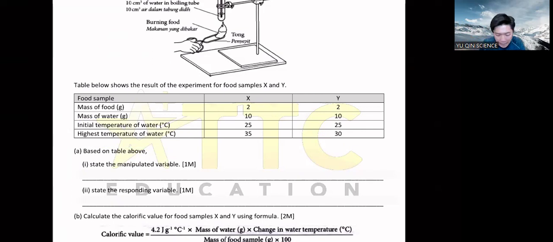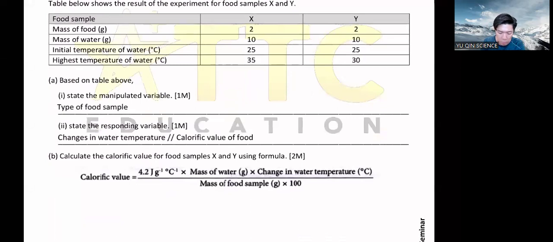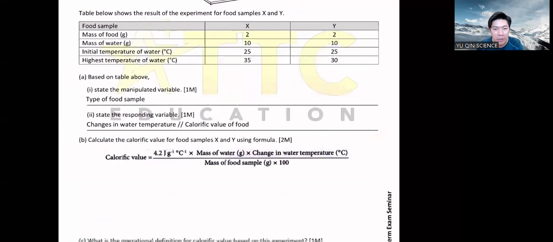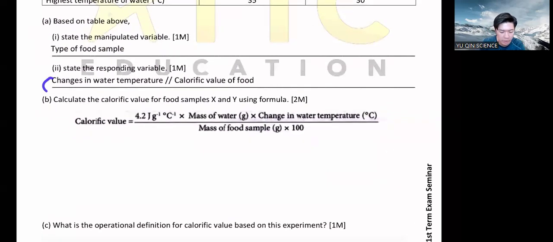So it's not the highest temperature. It should be the change of temperature. Manipulated will be the type of food, like I mentioned earlier. You want to write calorific value, it is okay, but for this question there's no need to write the operational definition. So better not write this as your only answer. You know it's the change in water temperature.